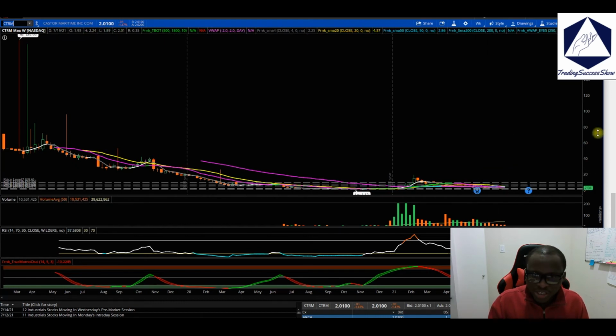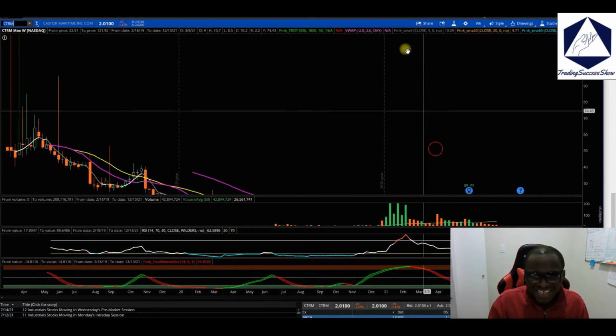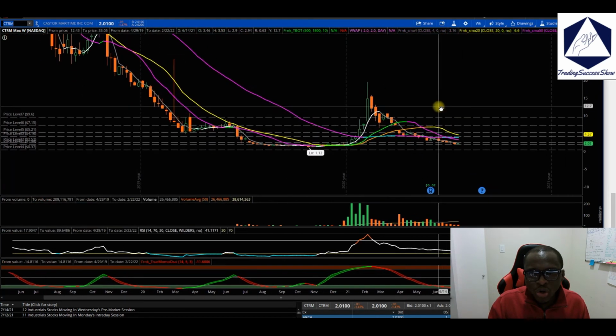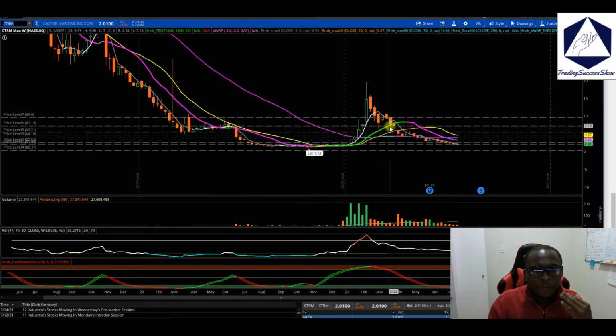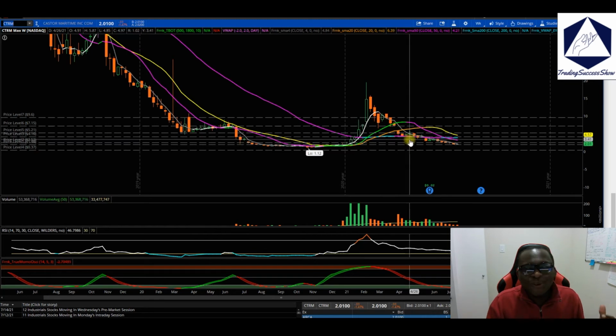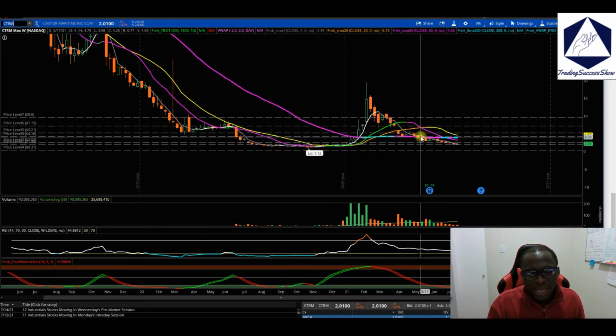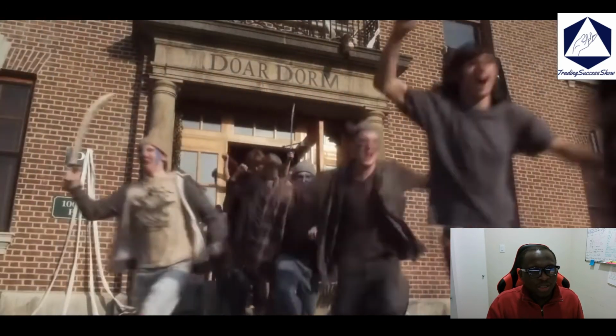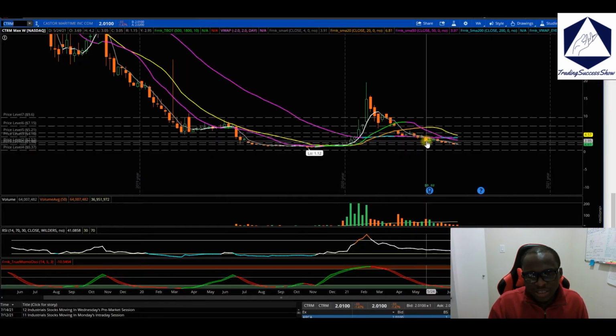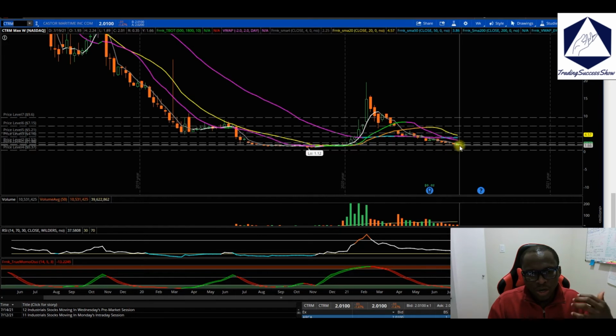That's when they split. But still, the stock hasn't even shown any sign of whether we are going to push or what we are going to do, right? So pretty much the stock bounced and then pulled back, and they decided to do what? A split. That is what they did, and the stock has been pushing lower and lower and lower.